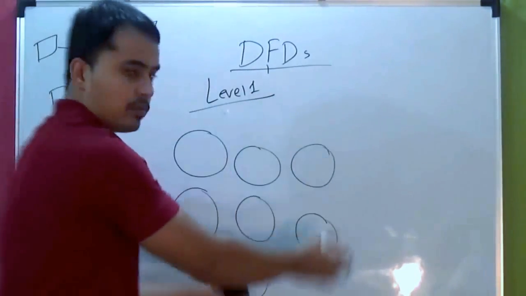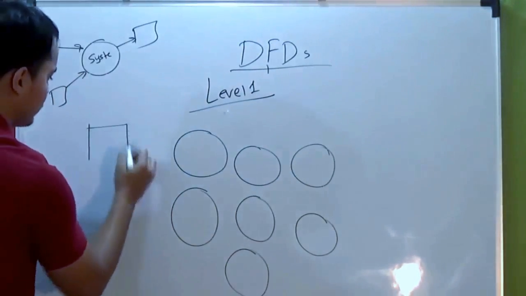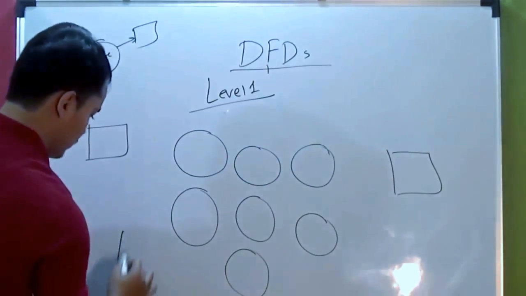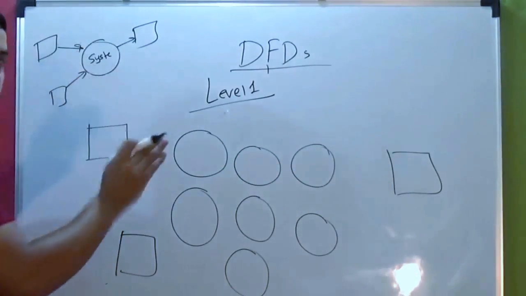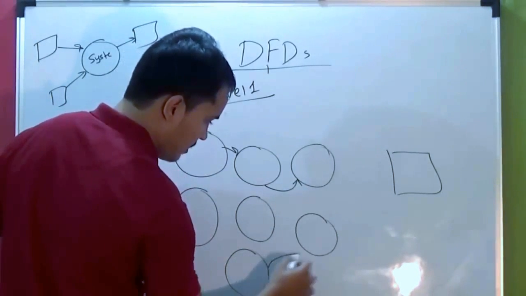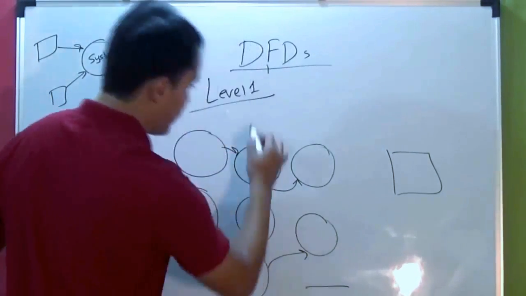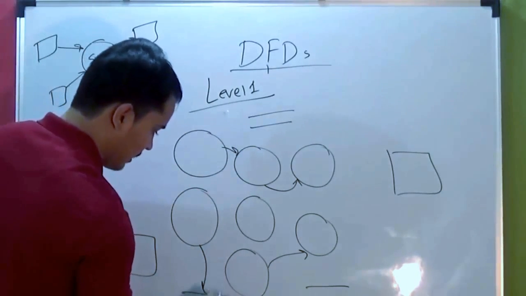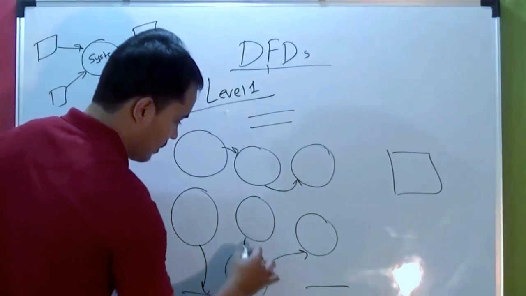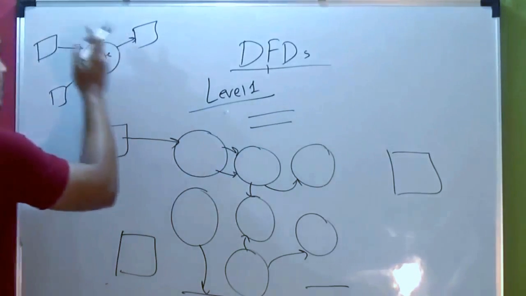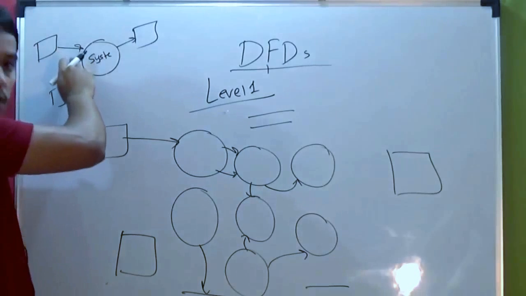You decompose this into these, and your external entities remain the same. You do not add external entities, right? And there might be new data flows now between the processes. There might be a few data stores visible now because you are inside the system, right? And something like this. But you have to still preserve the data flows in the context diagram.